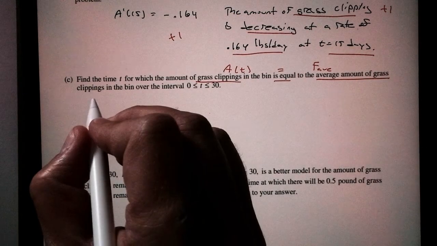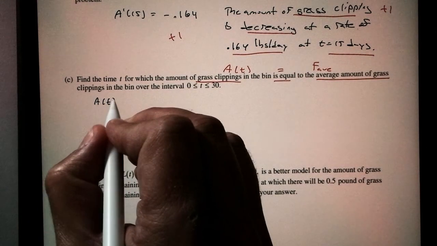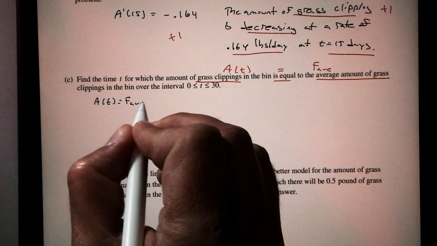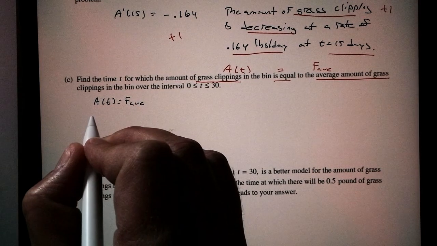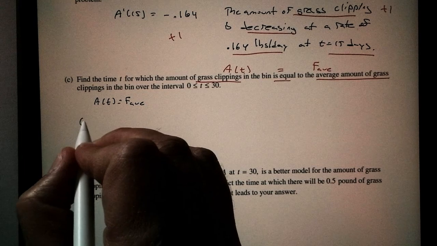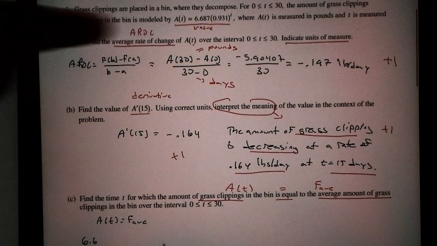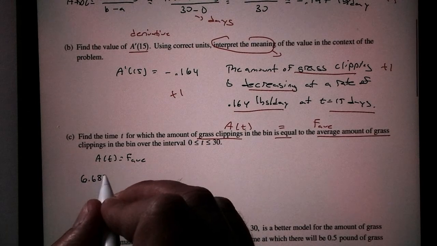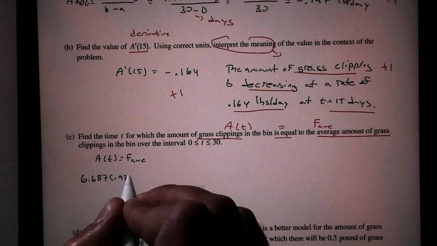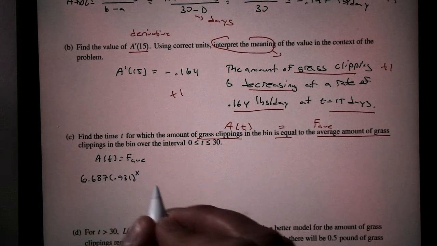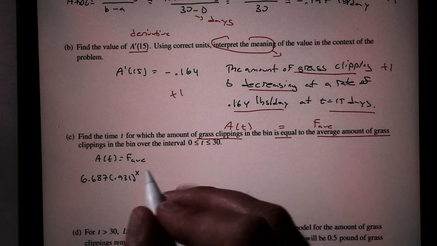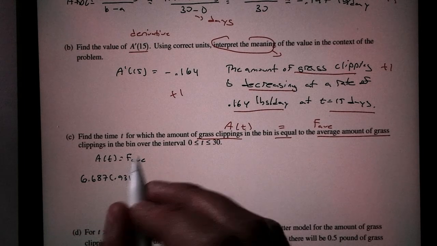My formula, I already got my formula. A of t is equal to my average amount. A of t I know is this function, 6.687 times 0.931 to the x. I'm using x here because my calculator is going to have x. But if you're like, oh no, I got to use t, that's okay too.